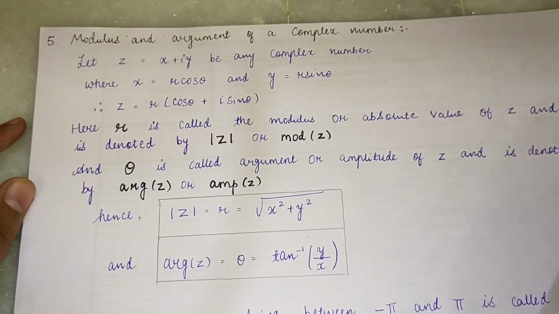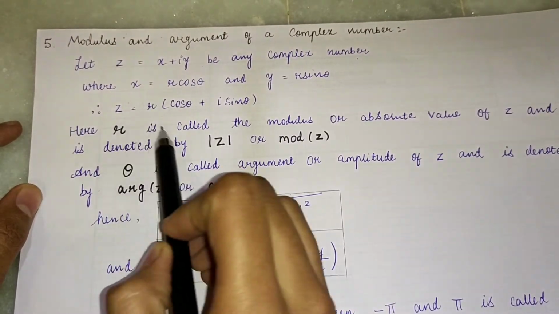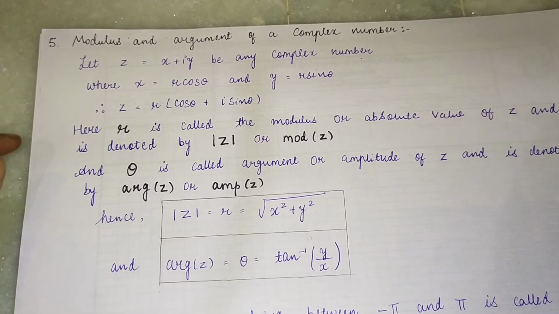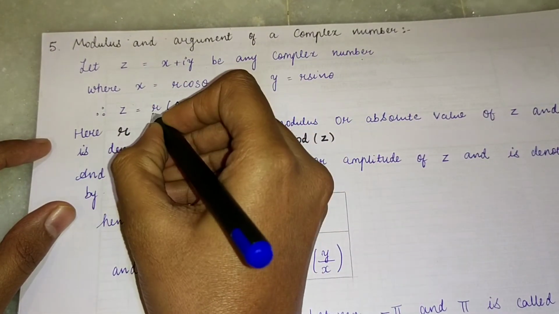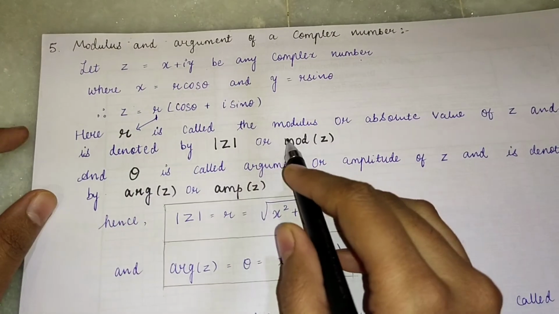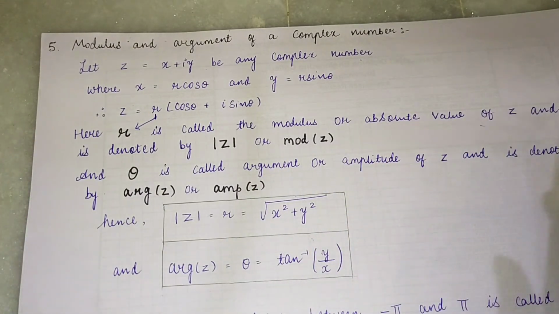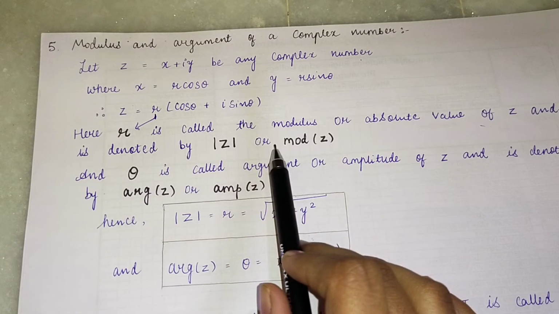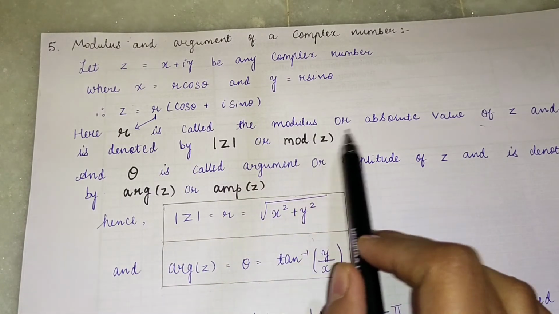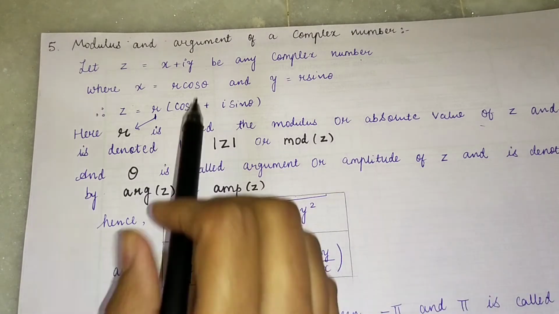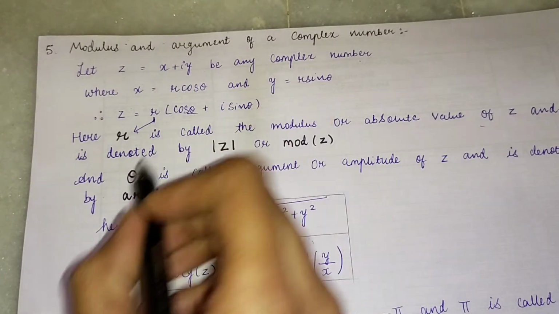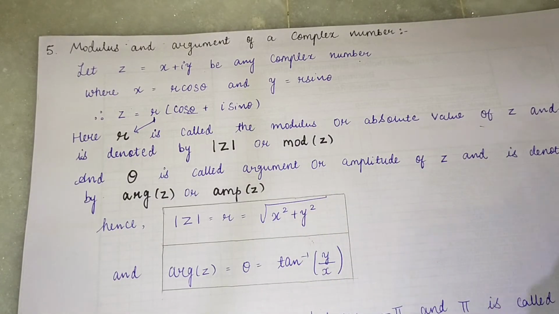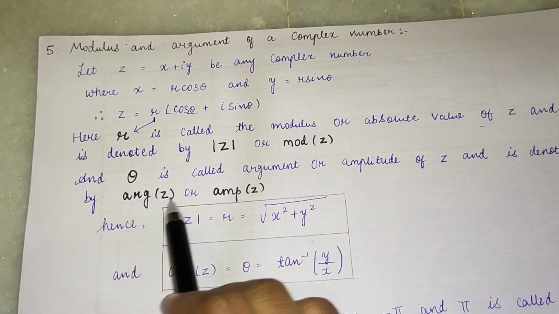But here this r is called the modulus or absolute value of z, and it is denoted by mod z. And this theta is called the argument or amplitude of z, and it is denoted by arg z or amplitude z.